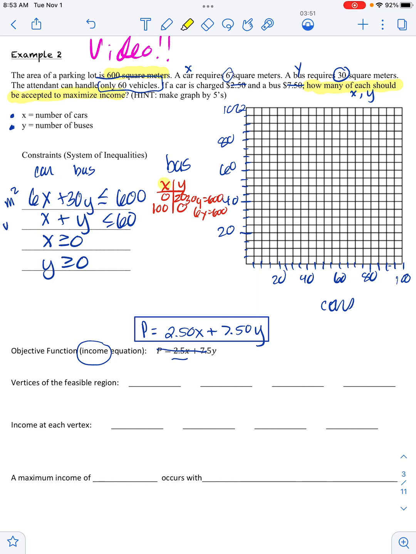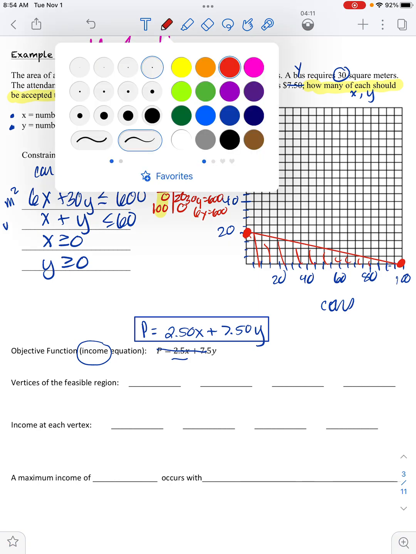So I'm going to need to connect from 100 on the X, which is way over here, to 20 on the Y, which is right down here. Then I'm going to connect them using a straight edge or Notability, thank you. And I have to stay under there because that's all I have for square meters.